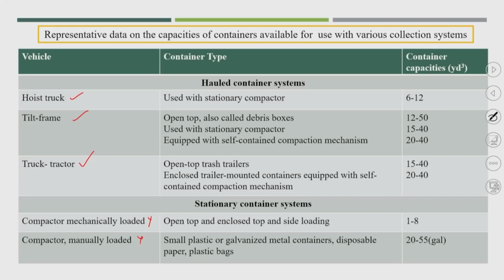Here see the capacity: especially for the tilt frame, the capacity is very large, and in the stationary container system, whether you go for manually loaded or mechanically loaded, in both cases the capacity is less. Even with a truck tractor, you can feed more quantity for a larger capacity vehicle.